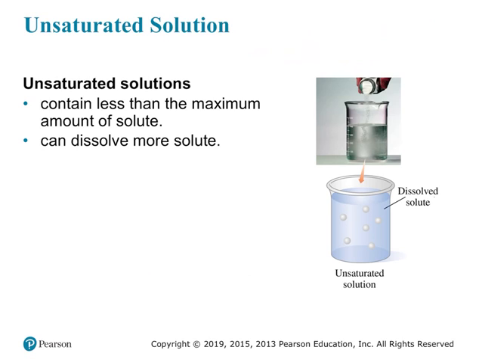On the right, we have a beaker filled with water with some solute completely dissolved, mixed throughout the solvent. We could dissolve more solute here, and that's what makes it an unsaturated solution.